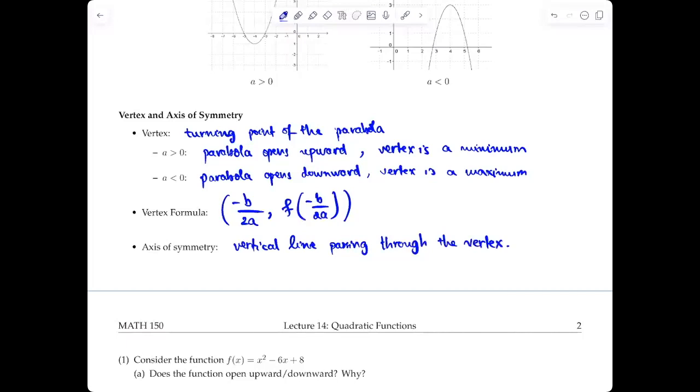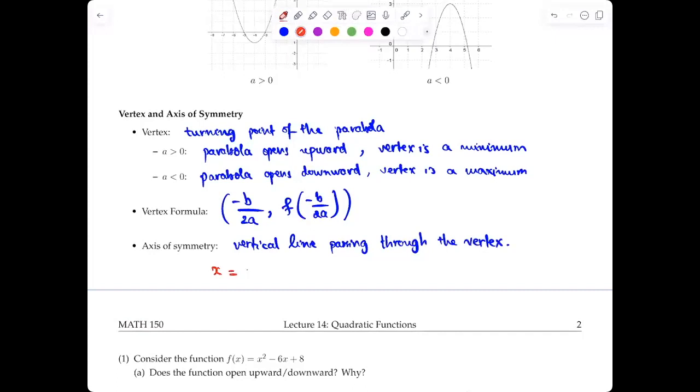Okay. x equal to indicates a vertical line. Because it goes through the vertex, the x value is equal to negative b over 2a. So the axis of symmetry is always going to be x equal to negative b over 2a.